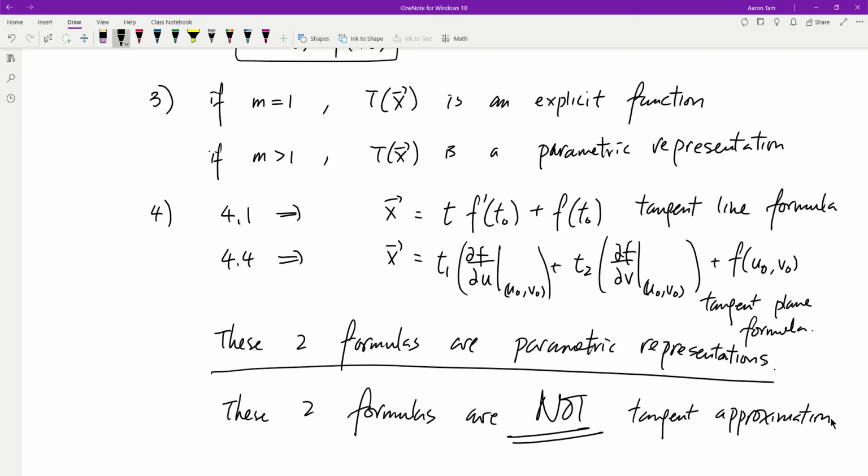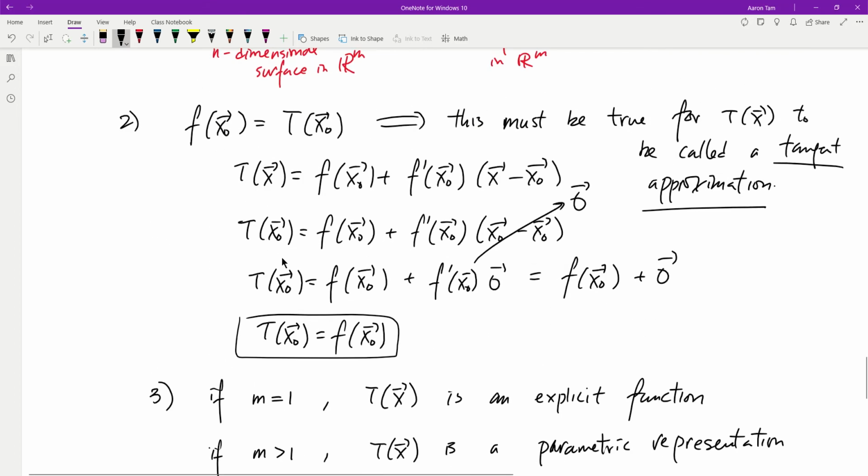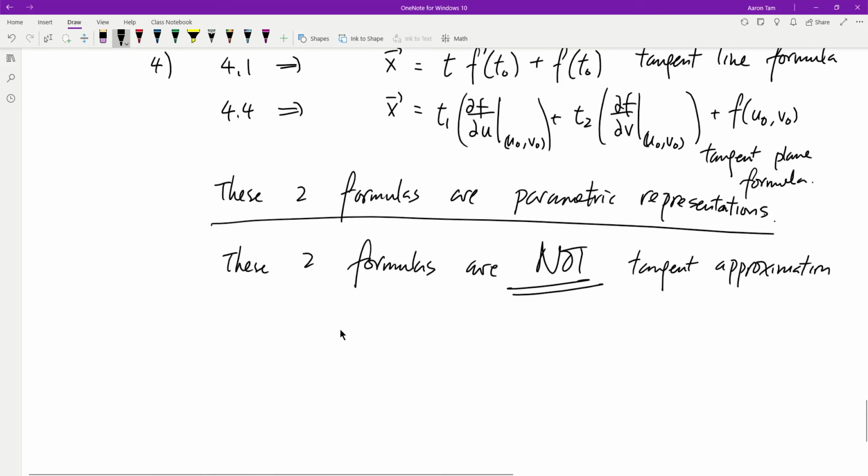Why is there a distinction? Simply because of the following. If you plug in t sub 0 or x sub 0, u sub 0, v sub 0 into either of these two formulas, they do not give you this property right here. Okay? That's the problem.